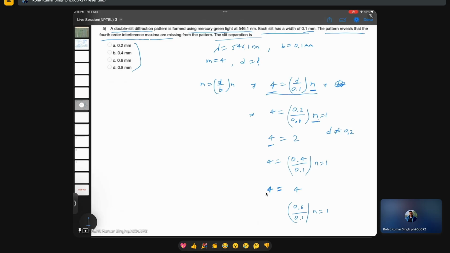No matter what you take in this equation, you cannot get the left hand side or right hand side equal to 4, right? Because it is already 6, and whatever you multiply it with, it won't go back to 4, correct? So that's why the only option that is correct is B, 0.4 mm. For all the other values, you cannot match the right hand side and left hand side for any value of n.